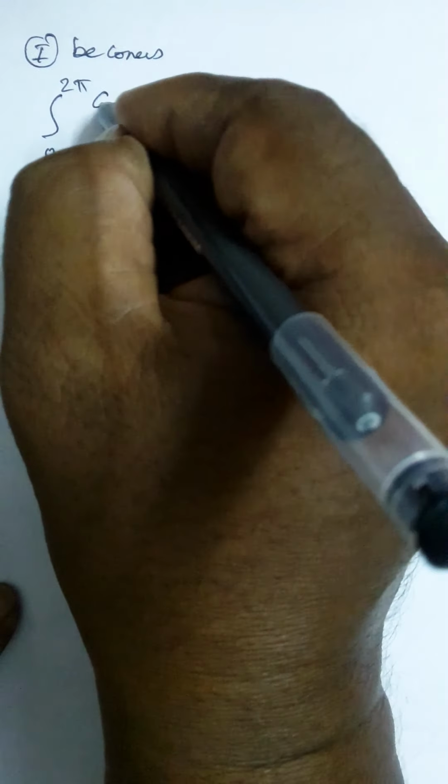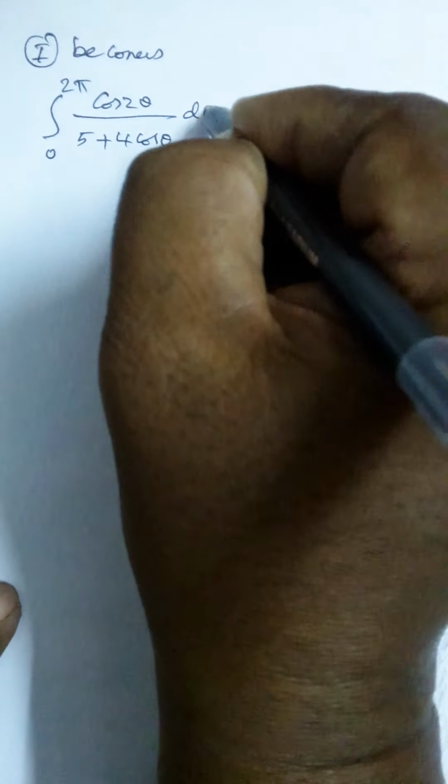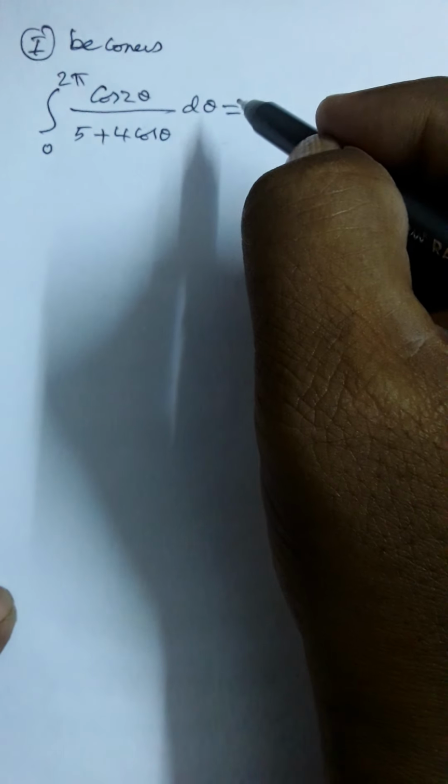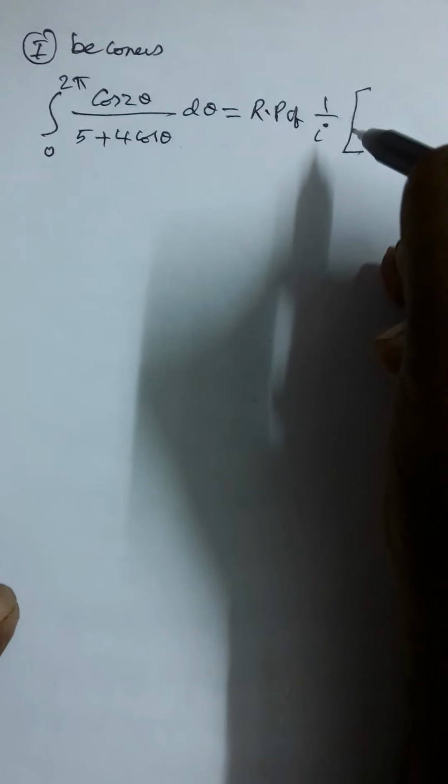So the integral from 0 to 2 pi of cos 2 theta by 5 + 4 cos theta d theta is the real part of 1 by i times the integral value.